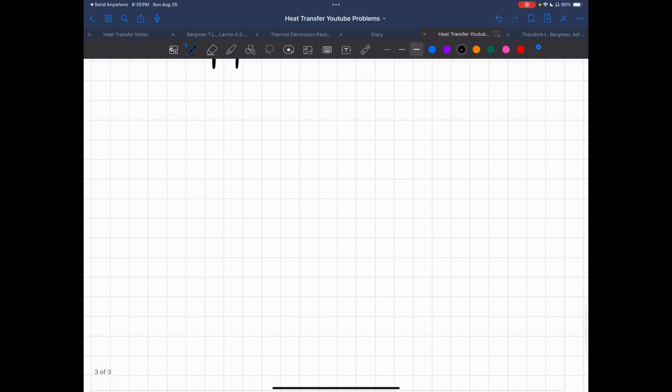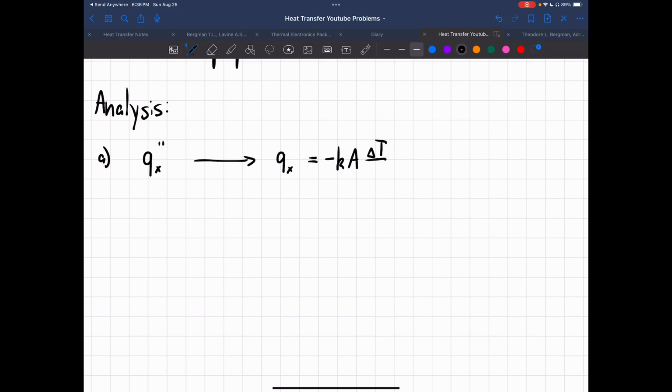So now we're ready to actually solve the problem. So let's move down to our analysis. And first we need to find the heat flux. So for part A, we're finding the heat flux q sub x double prime. If we remember, we have our basic formula, q sub x, no prime, equals minus k A delta T over delta x.